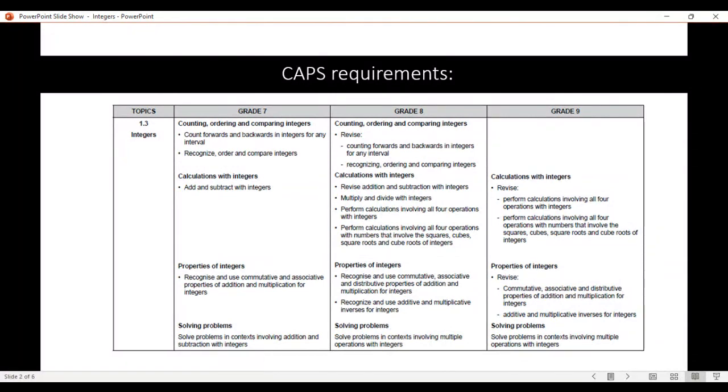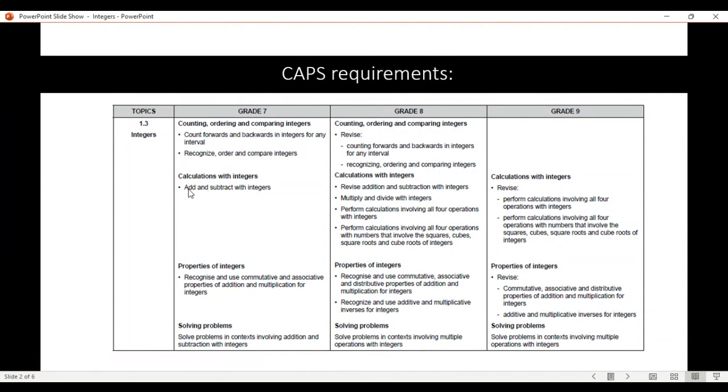Then we are also doing properties of integers, where they need to recognize and use commutative and associative properties of addition and multiplication for integers. So just a note on this here. I know there's the word multiplication, but it's actually part of commutative and associative properties of addition and multiplication, because multiplication also has the property of commutative and associative.